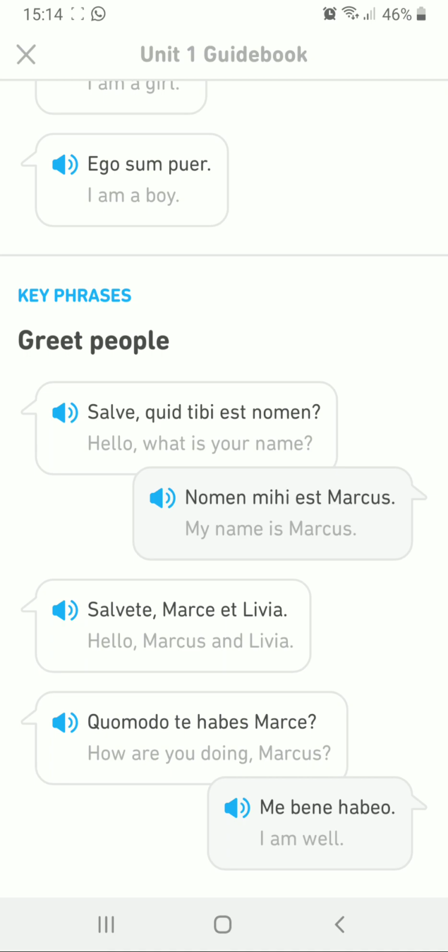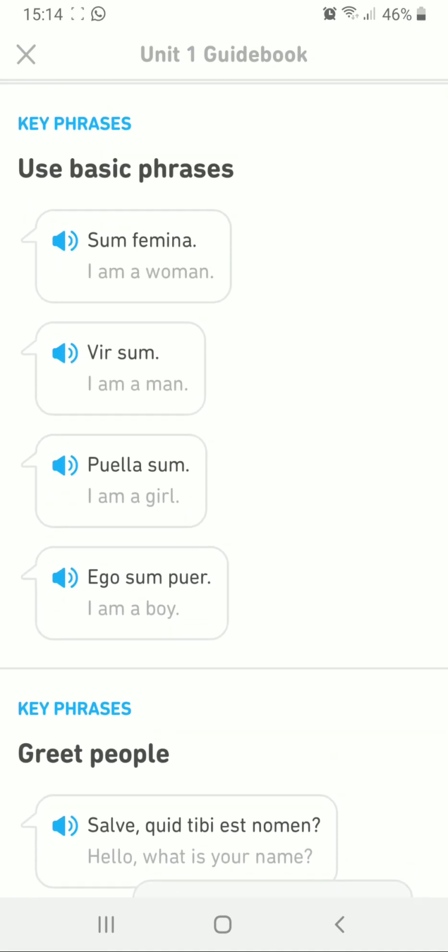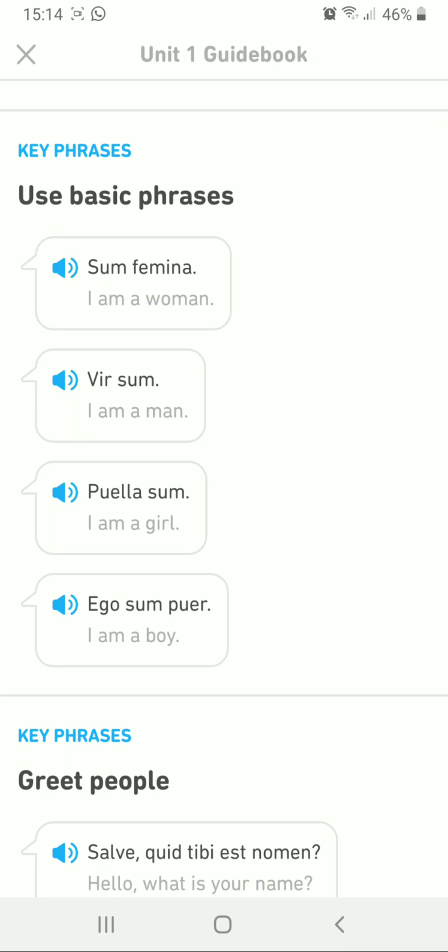And quomodo is how. We know what is quid, so we are starting to know how to ask questions slowly, and the order is not rigid, it's more flexible, because for example you say sum femina, and then vir sum, and then we say puella sum and ego sum puer.